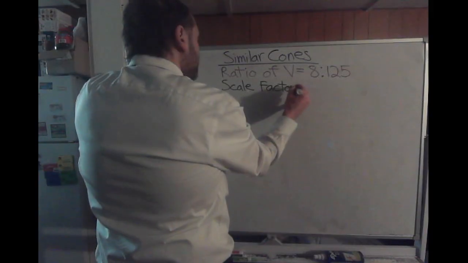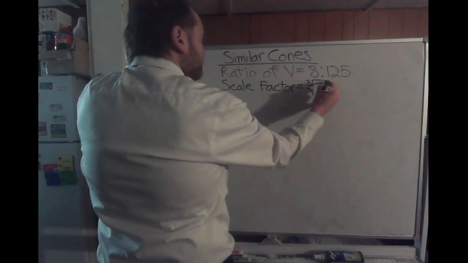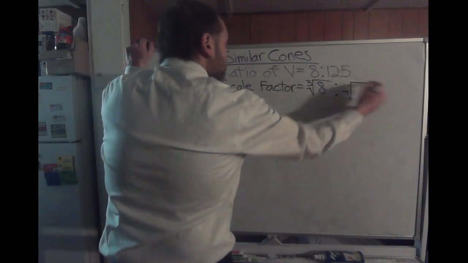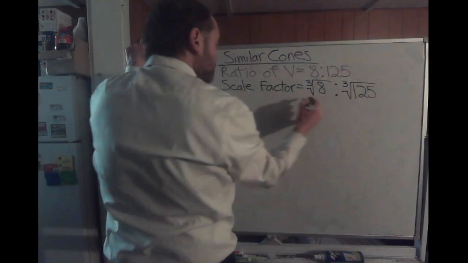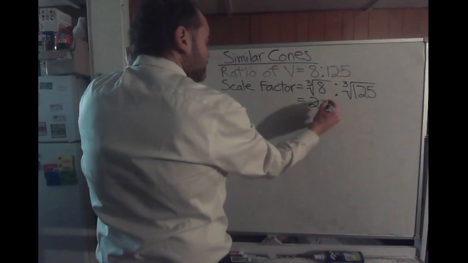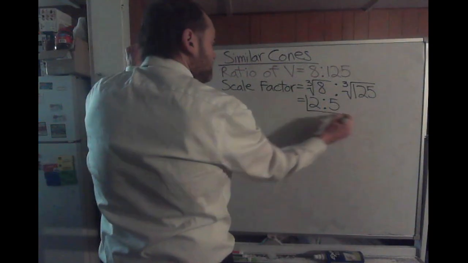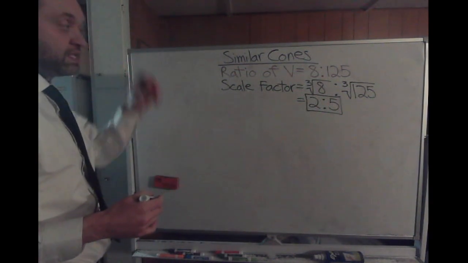So the scale factor would be equal to the ratio of the cube root of 8 to the cube root of 125, which would simplify into 2 to 5. So you end up getting a scale factor of 2 to 5 for these two similar cones.